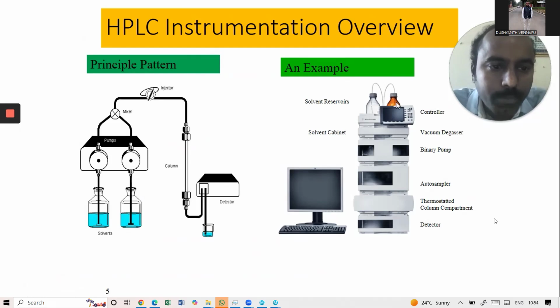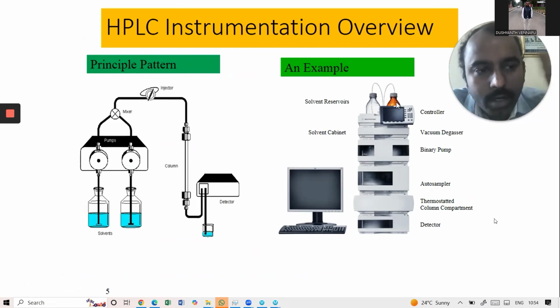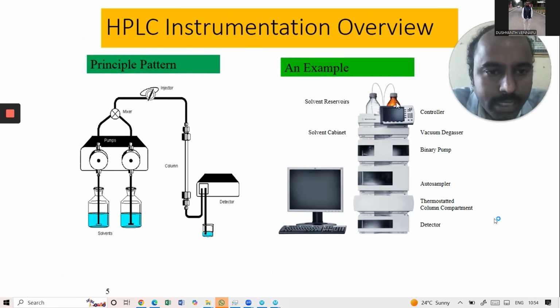This is called gradient elution. What it means is that I am continuously passing one mobile phase and step by step I am adding the other mobile phase into that one. This type of technique is called gradient elution.